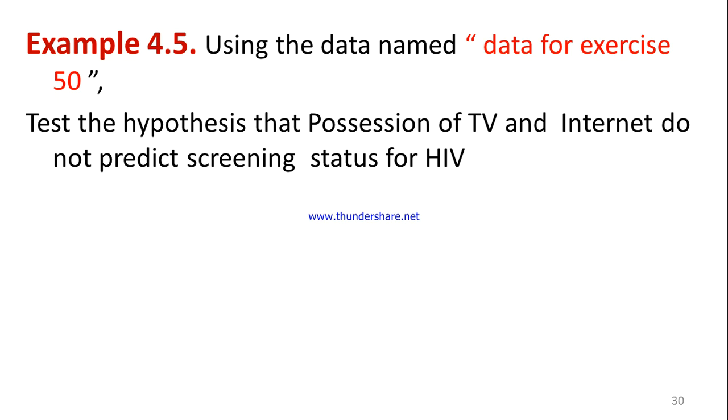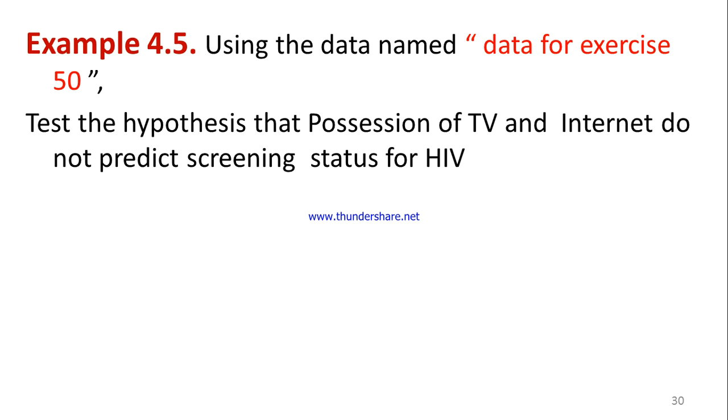The next is example 4.5, using the data file for exercises 50, where you test the hypothesis that possession of television and access to internet do not predict screening status of HIV/AIDS. The question is, do possession of TV and access to internet affect the willingness to be tested for HIV/AIDS?